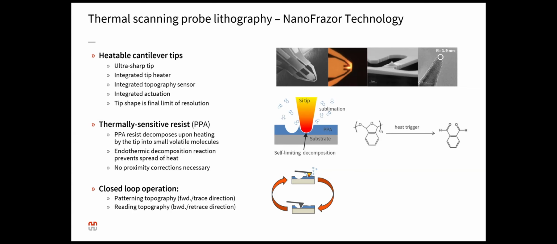So when we write with our nanofraser tool, we use special cantilevers, which are quite similar to the standard AFM cantilevers, but with the difference that they have a resistor around this area of the cantilever, which allows us to heat up the tip. And we also have another resistor around here, which is the reader resistor, which we call topography sensor.